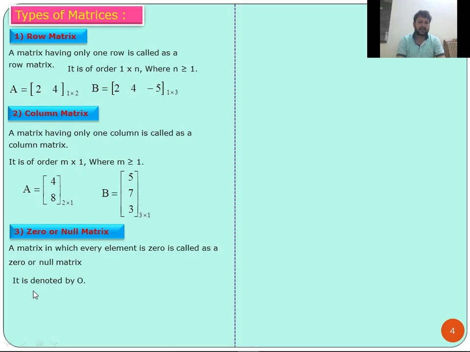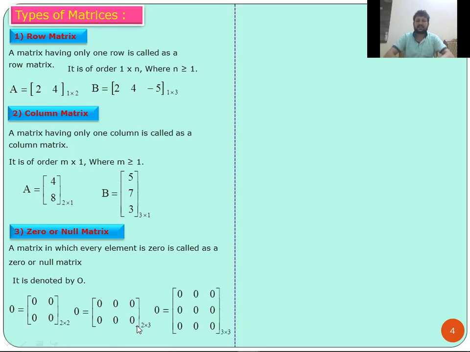This 0 matrix notation used by simply 0. 0 matrix expressed as here for order 2 by 2. 2 rows, 2 columns, all elements are 0. One more sum. 0 matrix order 2 by 3. Elements expressed in 2 rows and 3 columns, all are 0. So simple thing, 0 matrix is a matrix having all elements are zeros.